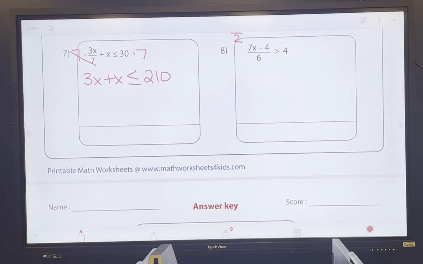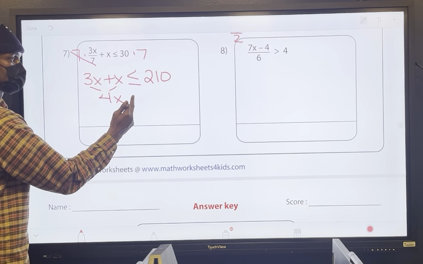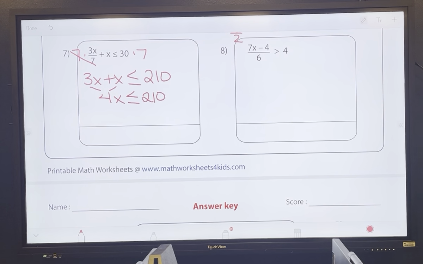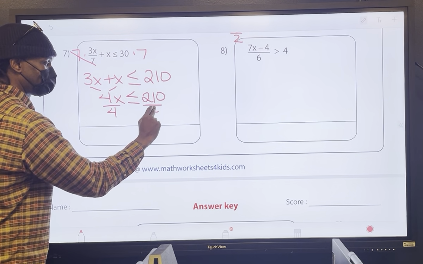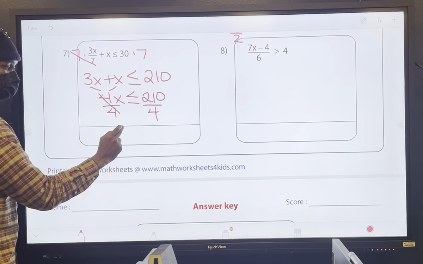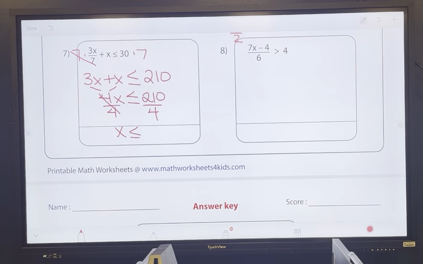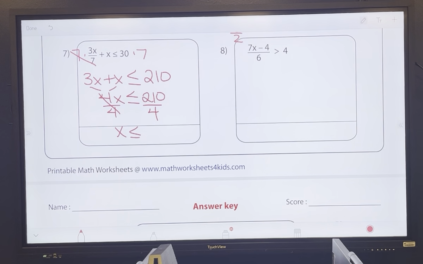Then what? Alright. My like terms come together as 4x is what to 210? Less than or equal to 210. Divide by 4. 4's cancel. X is less than or equal to, what's 210 divided by 4? 52.5.